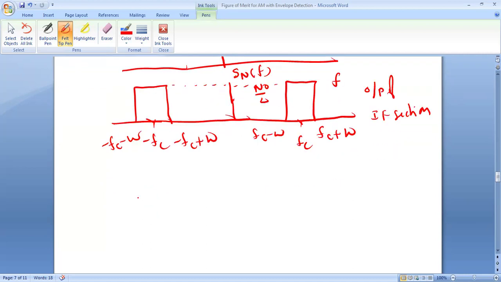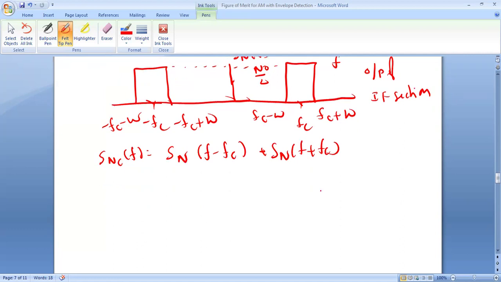You don't want SN of f, you want SNC of f, the power spectral density of the in-phase noise component, which is obtained by SN of f minus fc plus SN of f plus fc. It means shift the narrowband noise PSD right side by fc, and left side by fc.